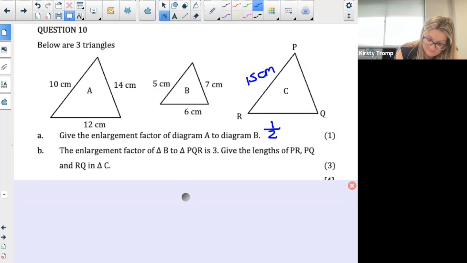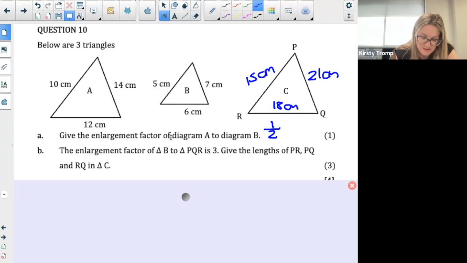The length of PQ will be 21 centimeters. Well done. PQ is 21 centimeters. And what about RQ, the one on the bottom? It will be 18 centimeters. Well done. Thanks, Mulalo. I'm glad you got your speakers fixed. Nice to hear from you.